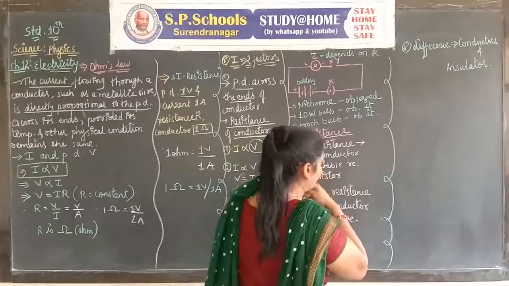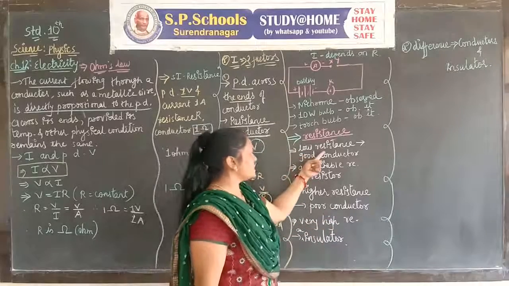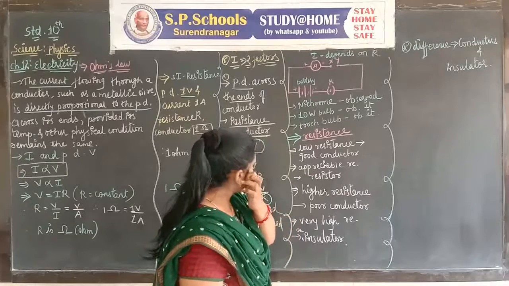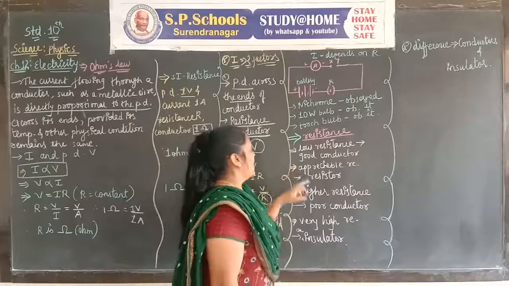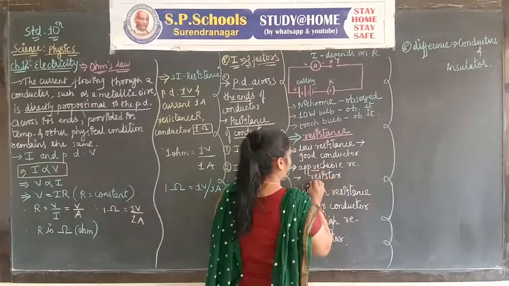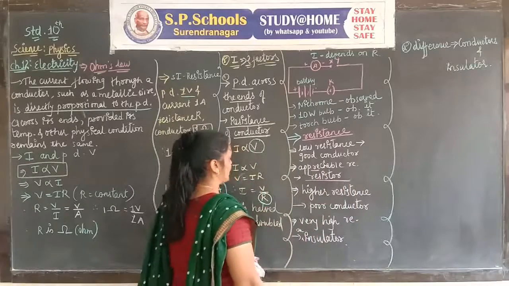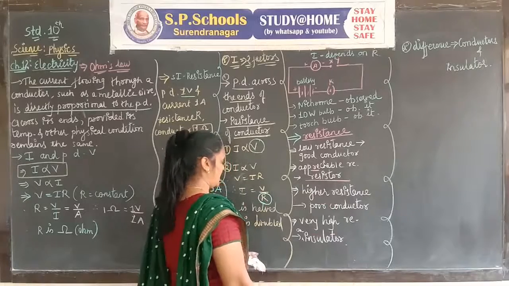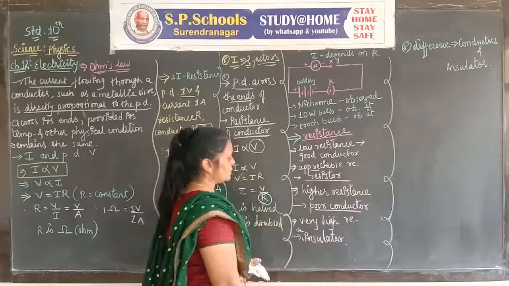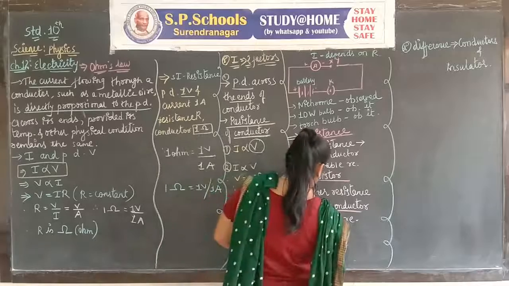What is the role of resistance in electric current? If the resistance is low, it will be called a good conductor. If the resistance is appreciable, it will be a resistor. If the resistance is high, it will be called a poor conductor. And if the resistance is very high, it will be called an insulator.